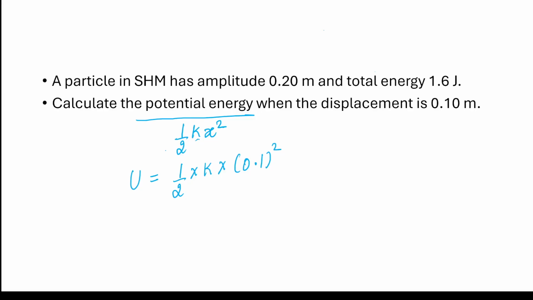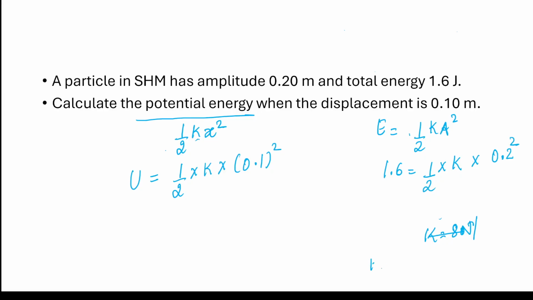I have the value of total energy, which is 1.6. The total energy is half Ka squared. Total energy is 1.6. I don't know K, so using this equation, I can calculate K. That gives me K as 80 newtons per meter.